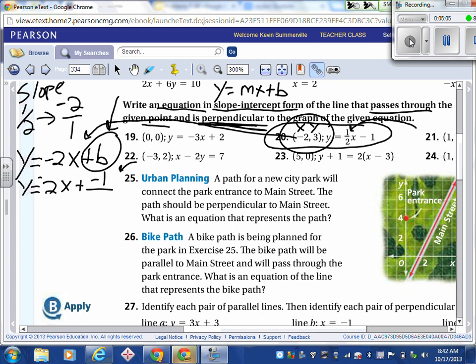So my final equation will be y equals negative 2x, and because I have a plus and a negative, that becomes minus 1. So my final equation is y equals negative 2x minus 1. The thing to remember is if I'm looking for perpendicular lines, you need to find the slope, flip it, and then take the opposite sign.